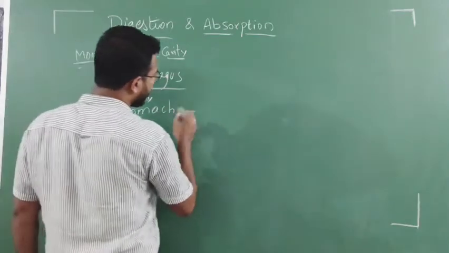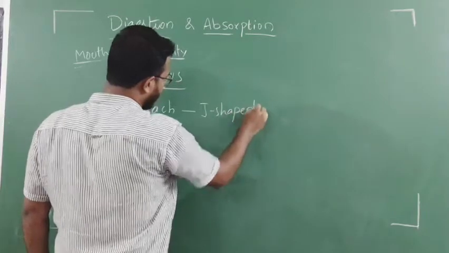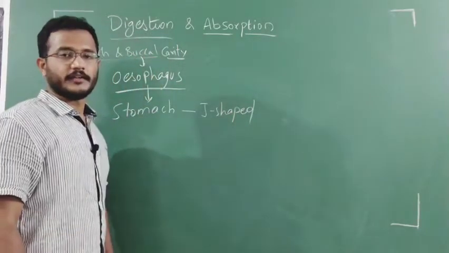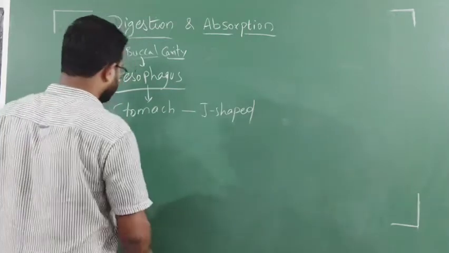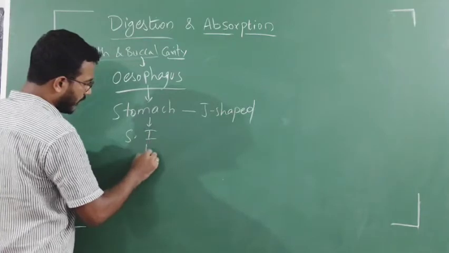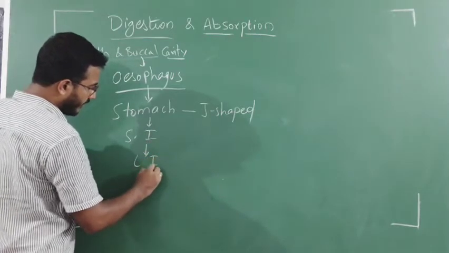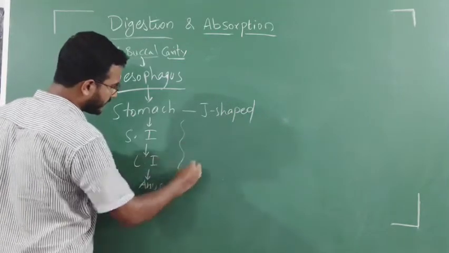The stomach is a J-shaped organ. It looks like a J-shaped sac-like structure, where the food will be temporarily stored. The stomach leads to the small intestine, the small intestine leads to the large intestine, and the large intestine leads to the anus. These are pipe-like structures.